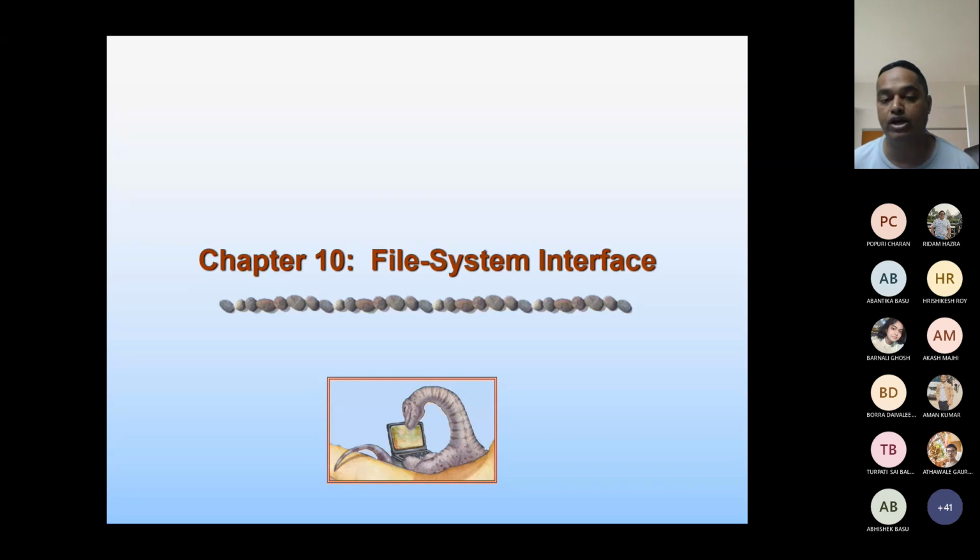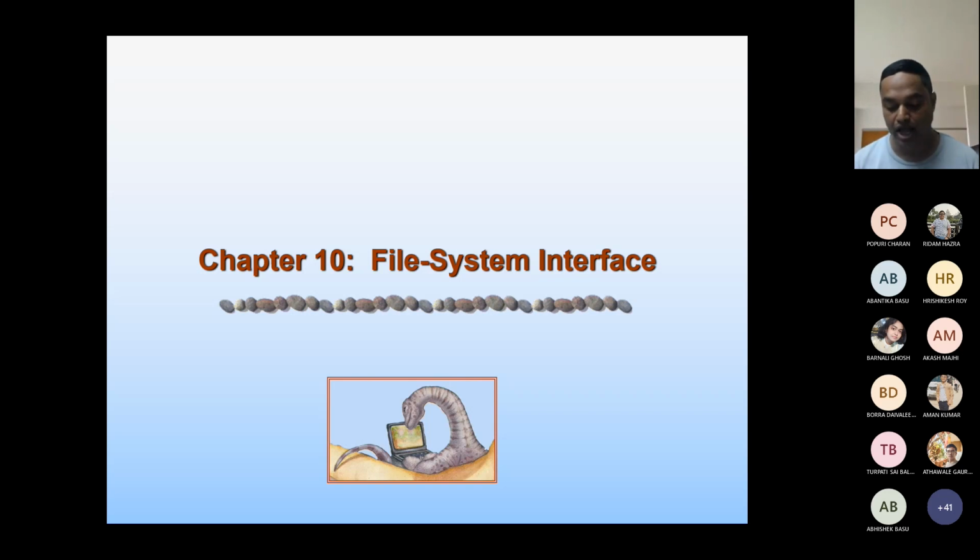Whatever input output device you have, starting from your monitor, keyboard, mouse, your speaker, your headphone, your webcam, printer, scanner, all these are input output devices. How these input output devices will be connected in your system is also managed by the operating system only. So these are the four major pillars of operating system.